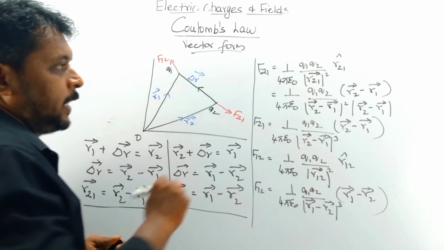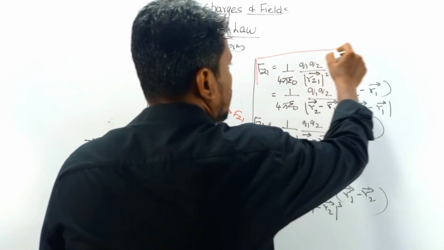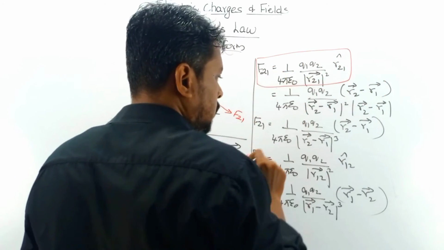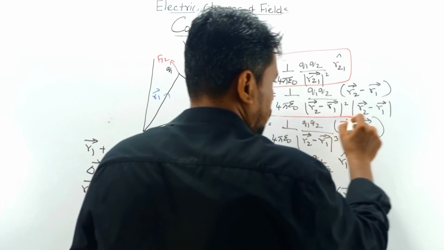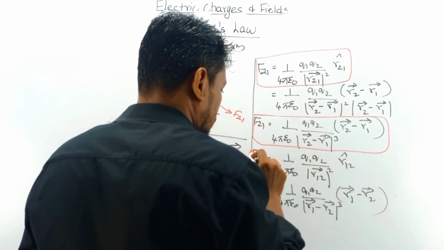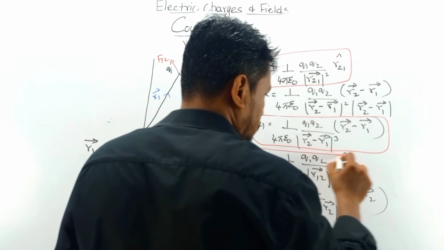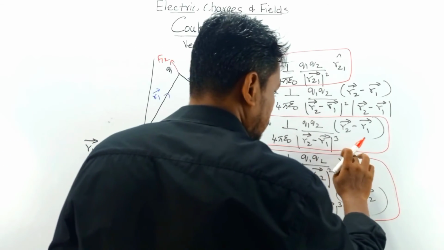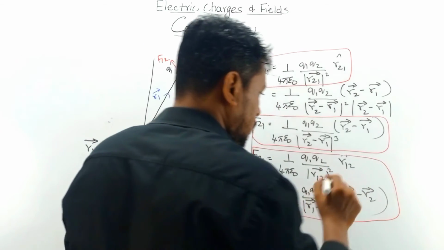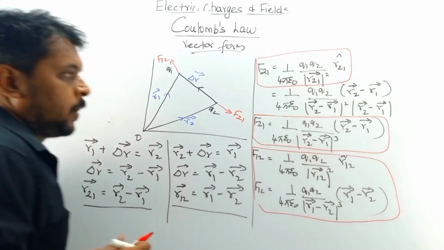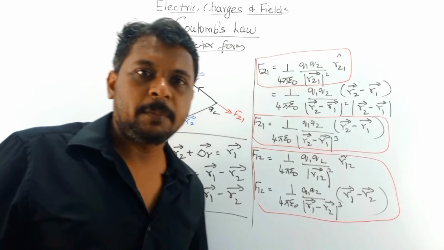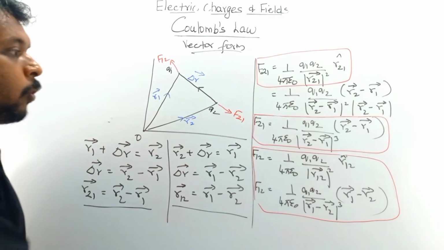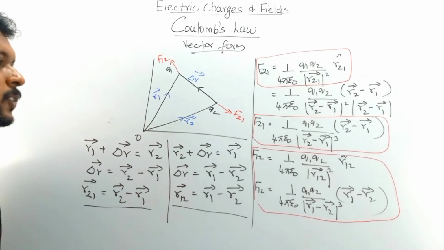You have to keep this in mind: this equation for F21 and this equation for F12. This is the representation of the force with respect to the position vectors.